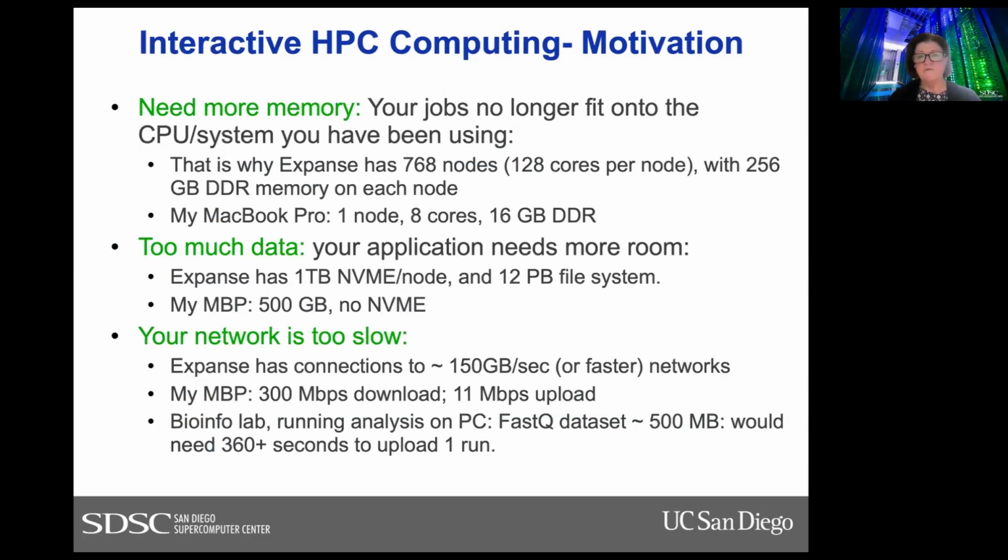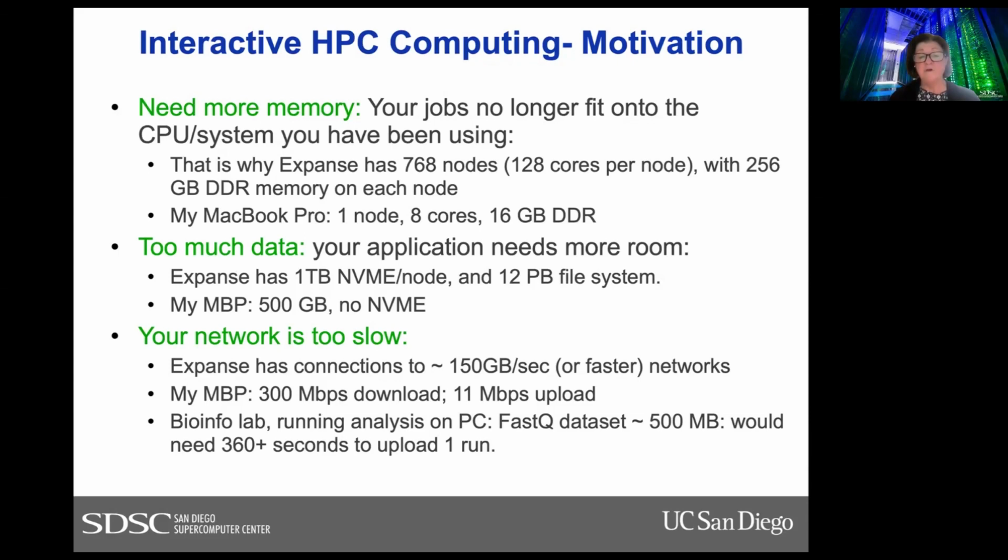Okay, so, interactive computing motivations. You need more memory, you have too much data, or your network's too slow. A lot of people end up going to a cluster like Expanse because your jobs don't fit on the system you're using, and so then you have to grow into this bigger system. At the moment this slide was made, we have 768 nodes with 128 cores per node and 2 gigabytes of memory on each node.